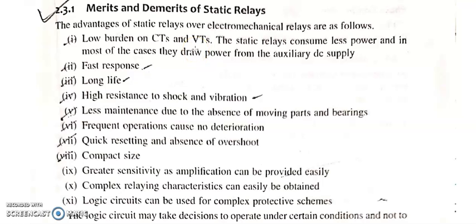Low voltage ampere on the secondary side of the relays, as it consumes very less power, so no auxiliary DC supply is required. It was not so in our case with electromechanical relays; they used to consume more power, and the burden is more when compared to static relays. So there is very less burden on CTs as well as VTs.